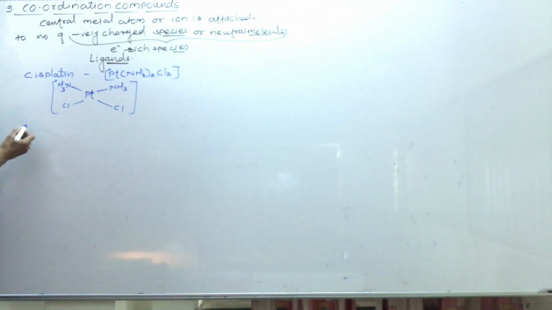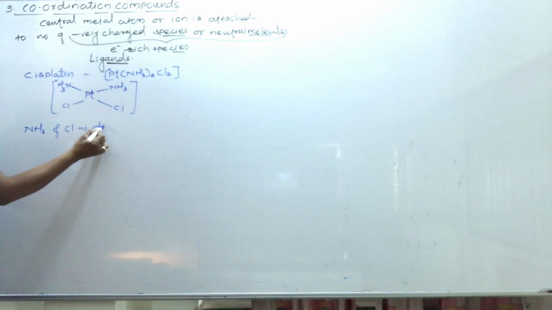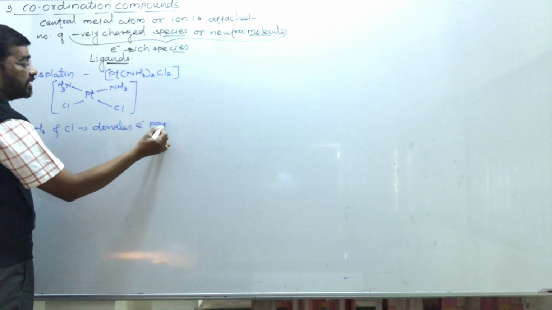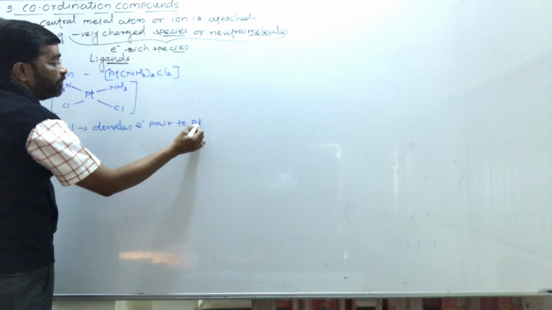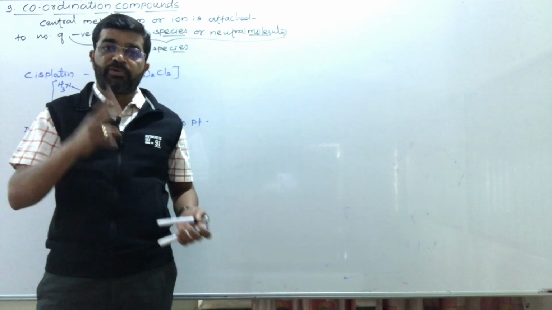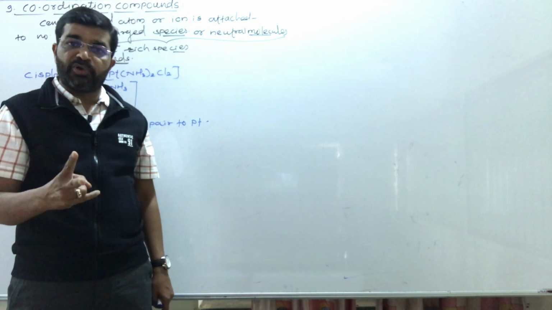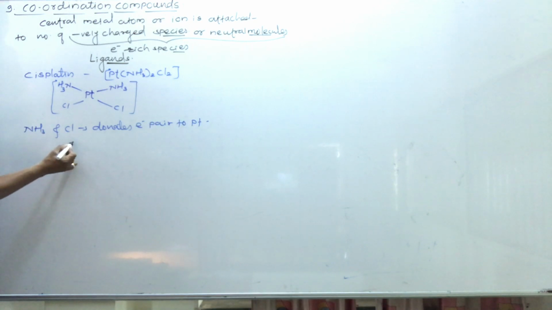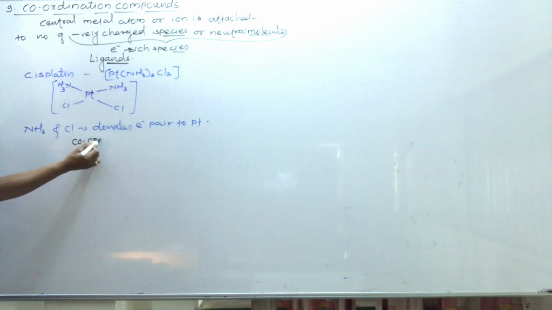In this cisplatin, what happens? The nitrogen of ammonia and chlorine donate electron pair to the platinum, and the bond which is formed between those 2 nitrogens of 2 ammonia molecules and 2 chlorine atoms, that bond is a coordinate bond.